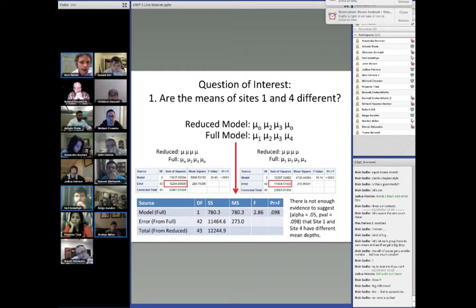So you're going to get very good at this. So this one, the top one here, is all the mu's. That's the equal means model versus mu naught, mu 2, mu 3, and mu naught. That's the reduced model, right? That one only has 3 parameters in it. Notice I've written 4, but 2 of them are the same. That's 3 unique parameters. And I'm going to compare it to the equal means model.